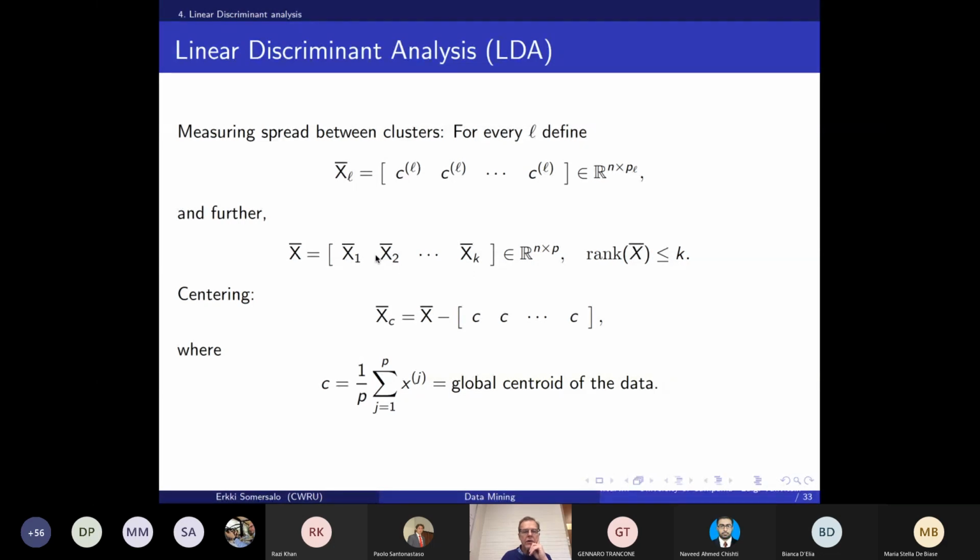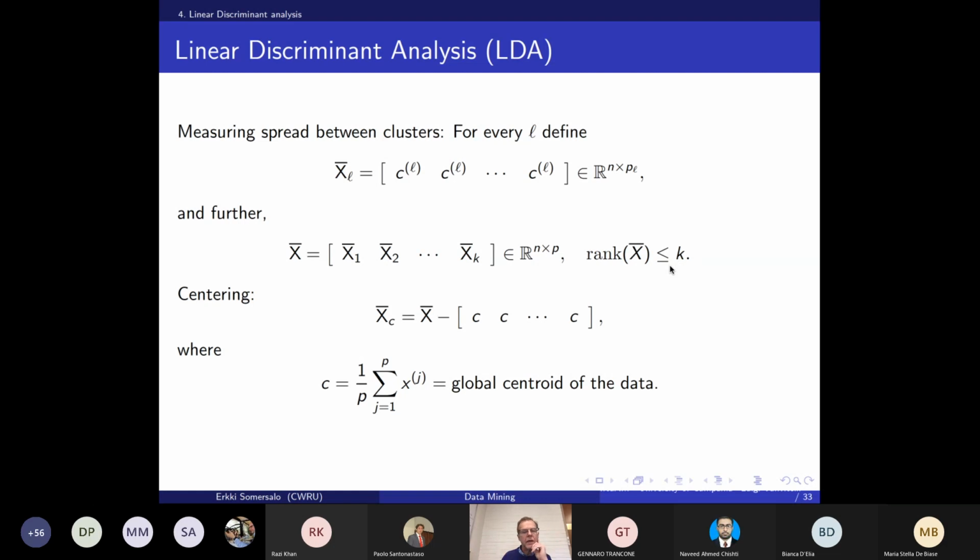And so you see that there are at most k different columns in this matrix, because there are k classes. So the rank of this matrix cannot be larger than k. There cannot be more than k linearly independent columns, because the columns are just a repetition of the same vector. If these vectors are different, then I have k linearly independent columns, but it can be smaller too.